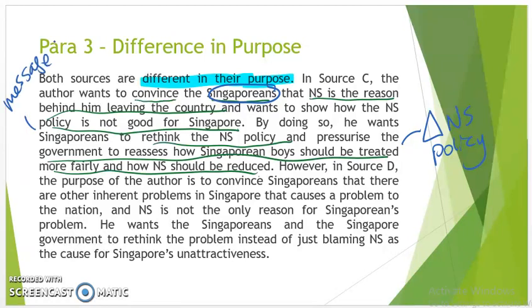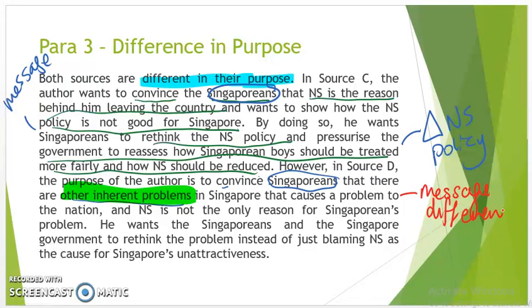Look at the purpose for D. In D, the purpose for the author is to convince Singaporeans as well. You have the same audience, but the message and outcome must also be the same, and they are not. There are other inherent problems. The key thing here is not NS. So in this case, the message is different.